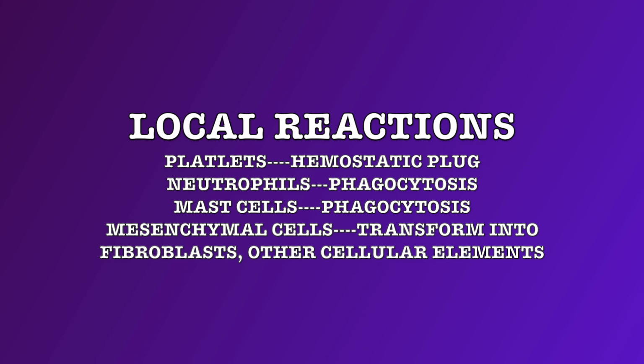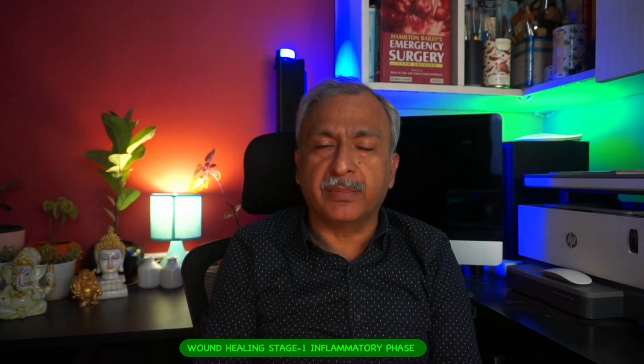The most important thing here is the increase in capillary permeability, and this permeability causes the escape of your WBCs and your platelets from the lumen of the capillaries into the extravascular space for the deposition of the matrix and the phagocytosis of the debris and the dead tissue.